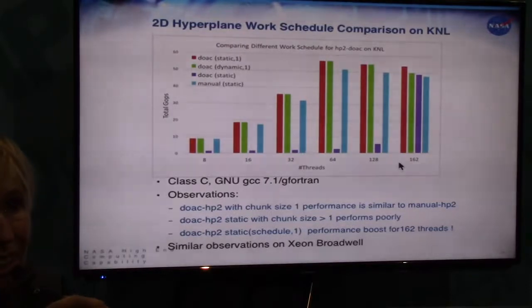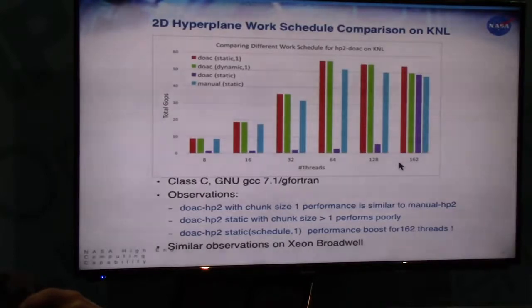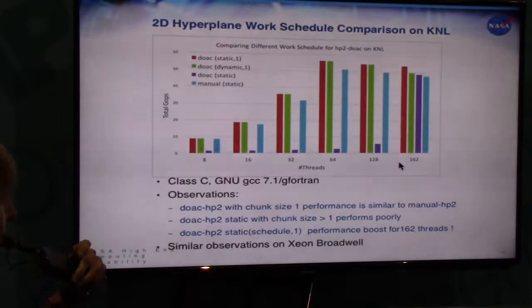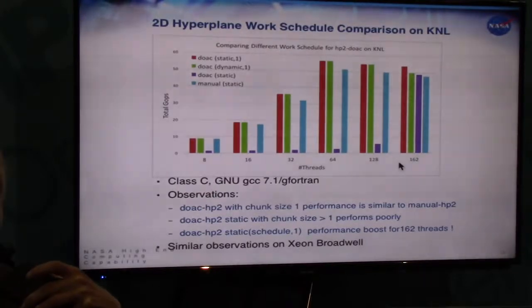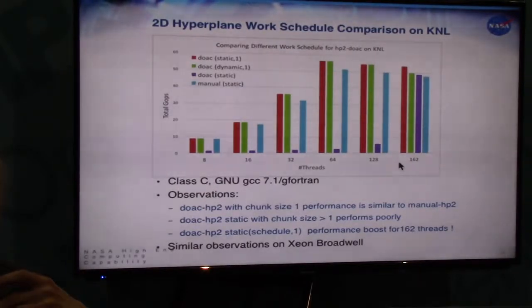I haven't thoroughly investigated it, but it's an interesting coincidence, isn't it? It is my belief that anything with a chunk size greater than 1 makes the GNU compiler do something really weird. It completely gets out of sync, so to speak. You see enormous time spent in synchronization as soon as it's just a little bit bigger than 1, even just one of them.